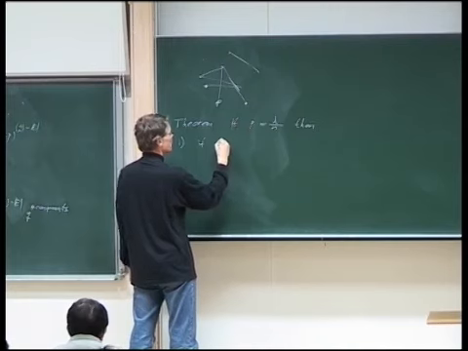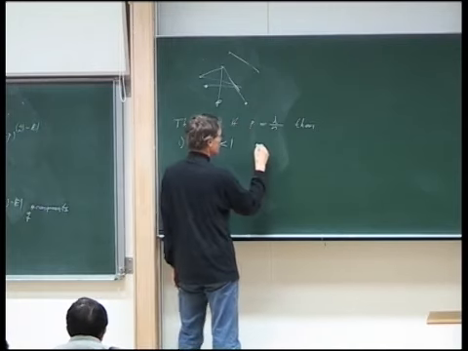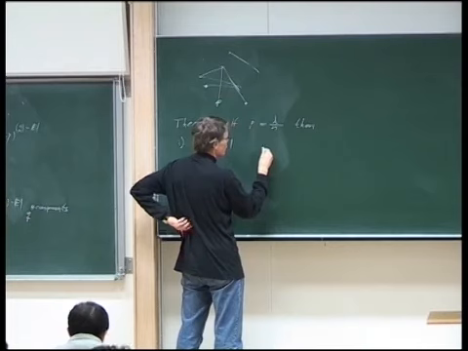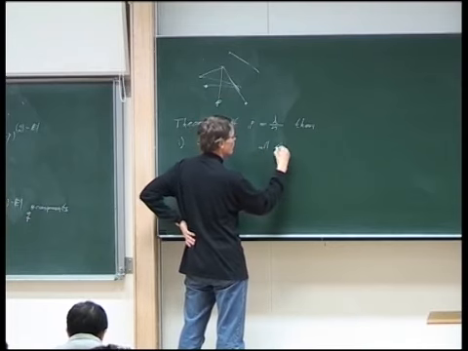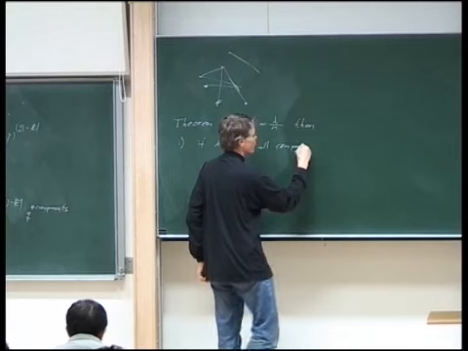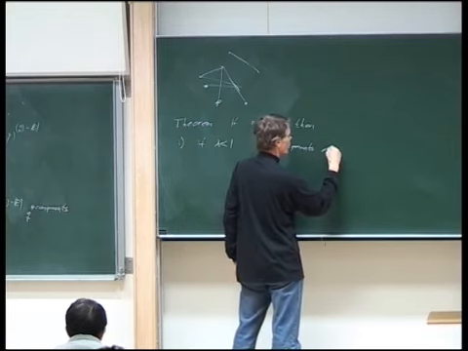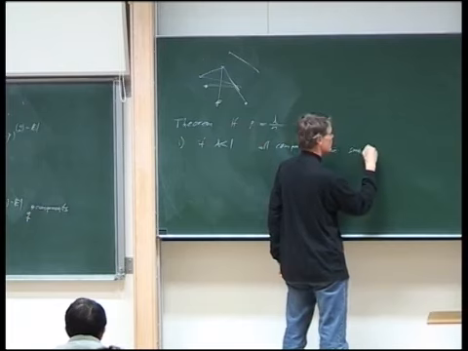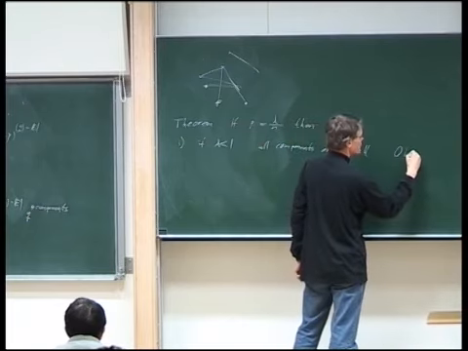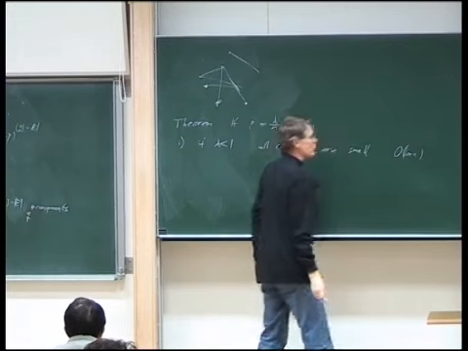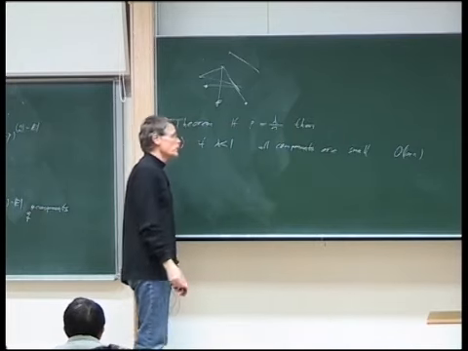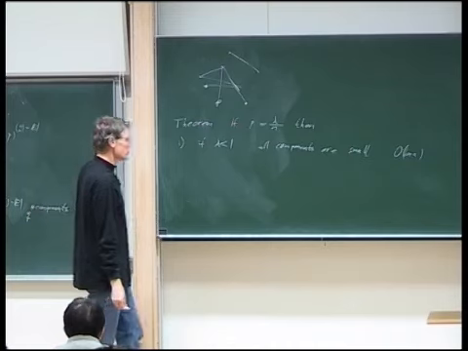If lambda is strictly less than 1, all components are small, and without being too precise, typically of order logarithm of n are the largest ones.